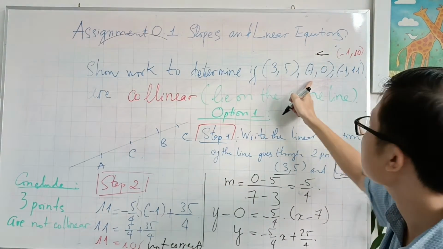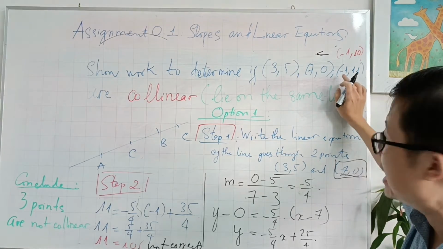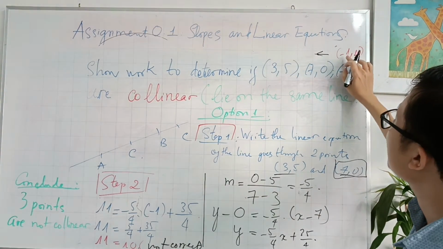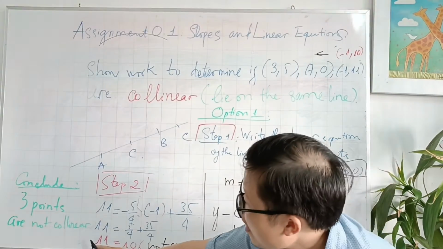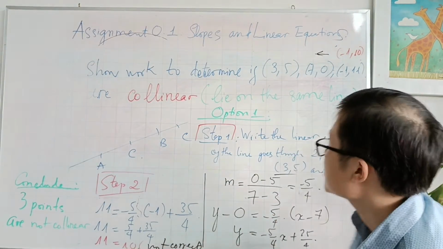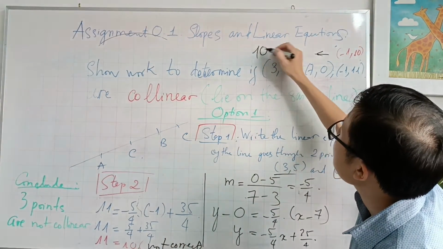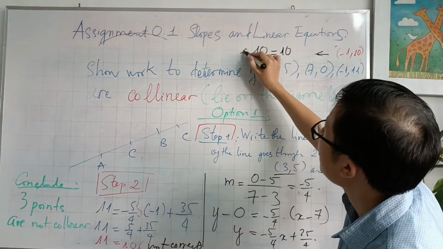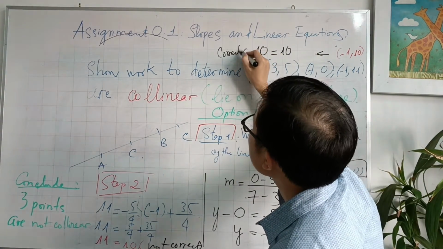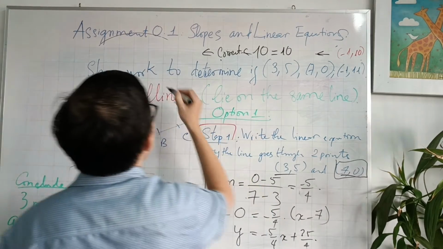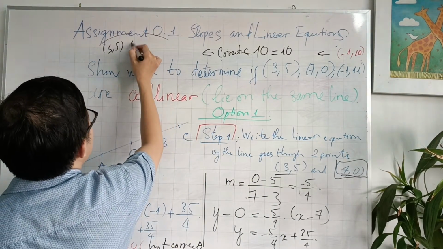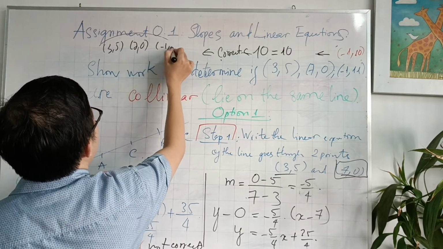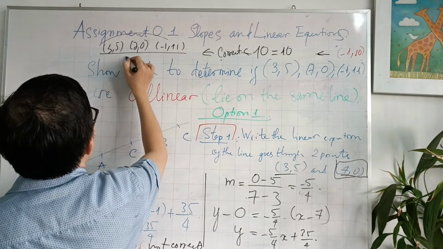If I change the question, not the point negative 1, 11 but negative 1, 10, then we have the last sentence, the equation 10 over 10, so it's correct. So we can conclude that 3.35, 70 and negative 111 are collinear.